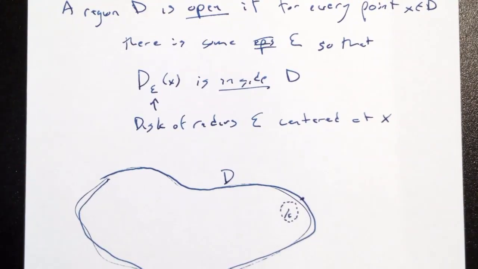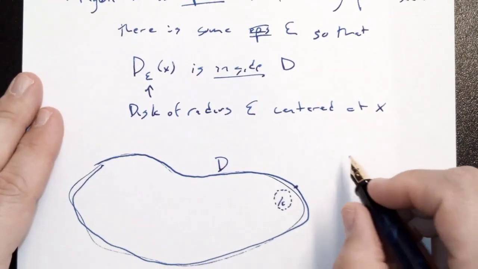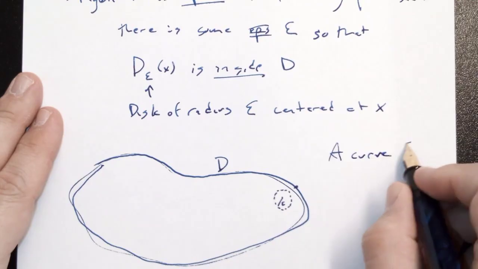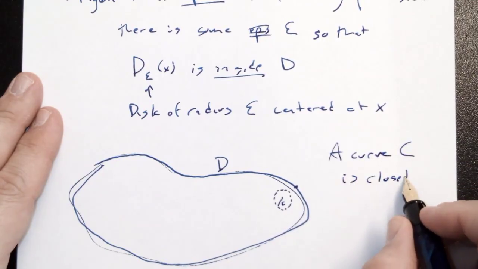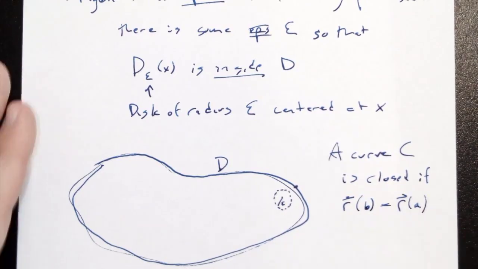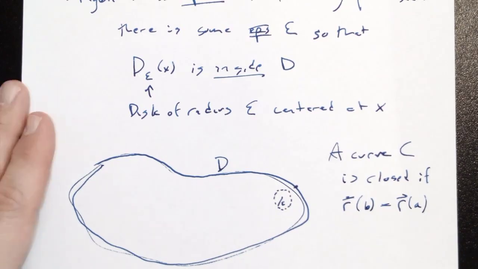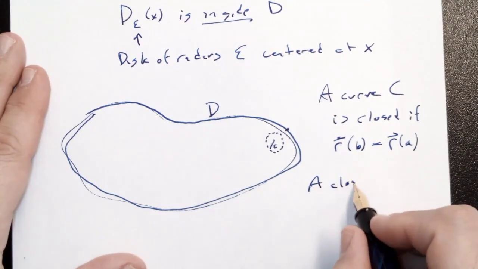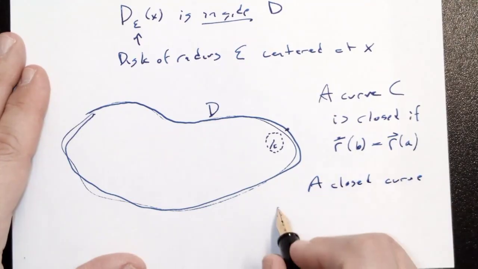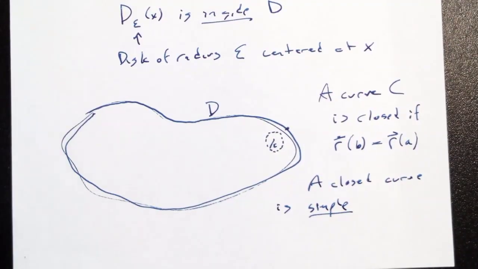Now, my curve needs to be in here. So again, a curve C is closed if r(b) equals r(a). I'm going to add a new twist to this. A closed curve is simple if it doesn't cross itself anywhere except the start and end point.